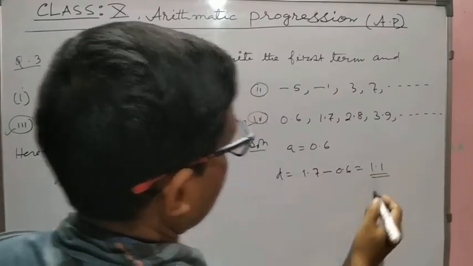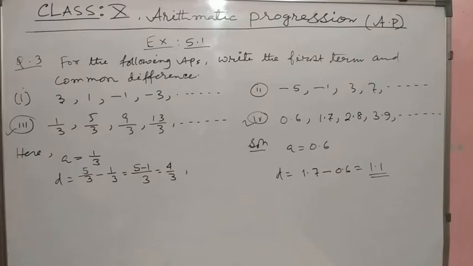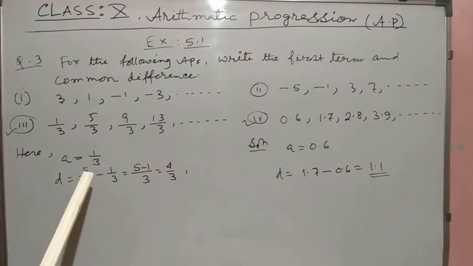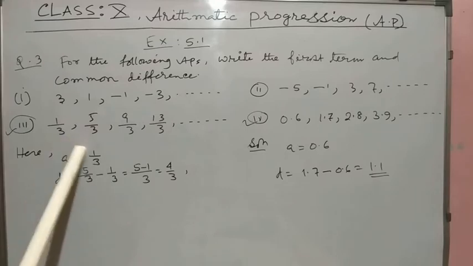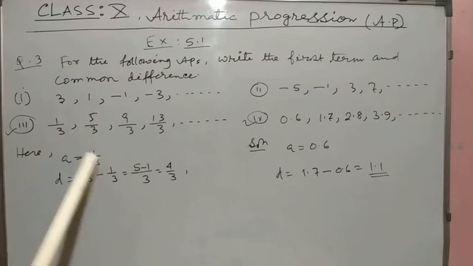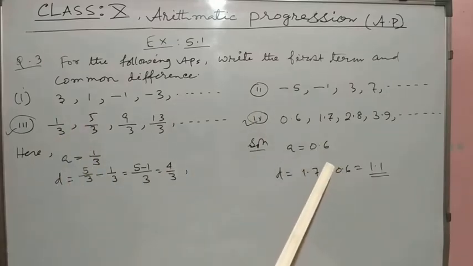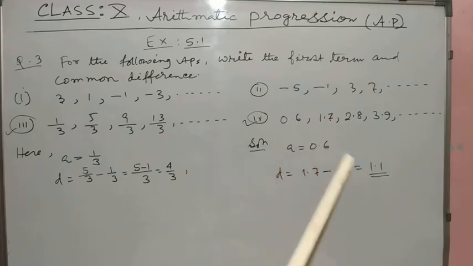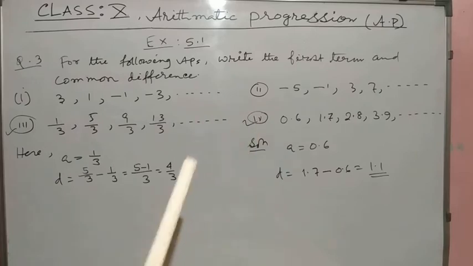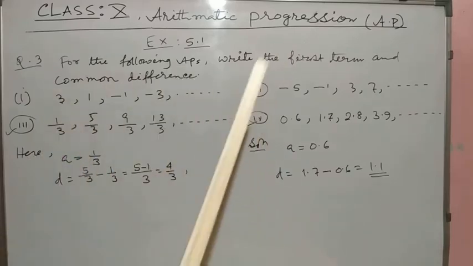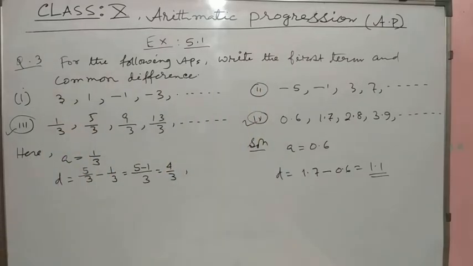So this is the common difference. Got it? So first term is this one, and common difference is second term minus first term, so 4 by 3. Here also first term is this, second term minus first term equal to common difference. This is the common difference. And question number 1 and question number 2 you will try yourself at home.